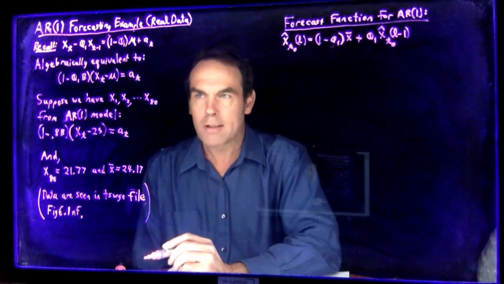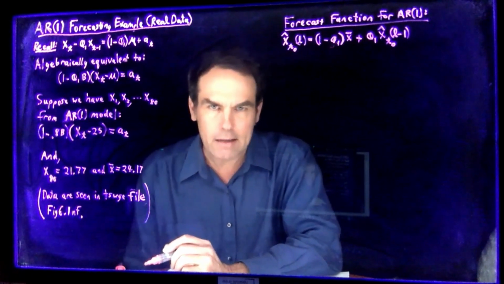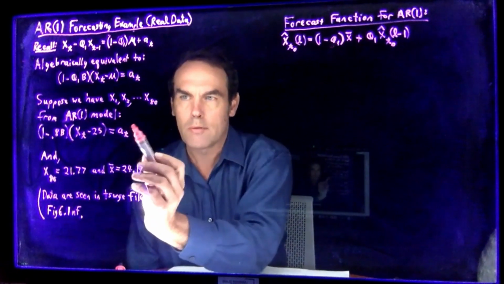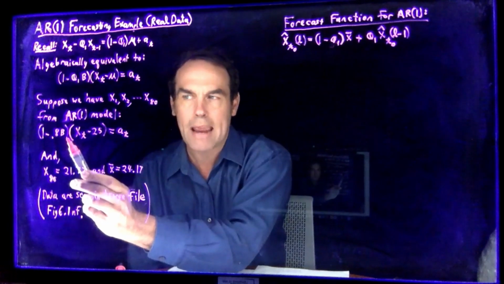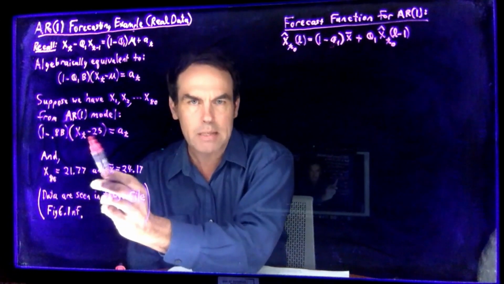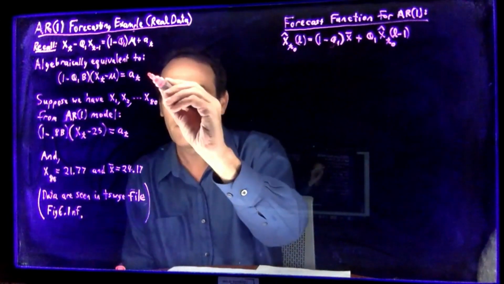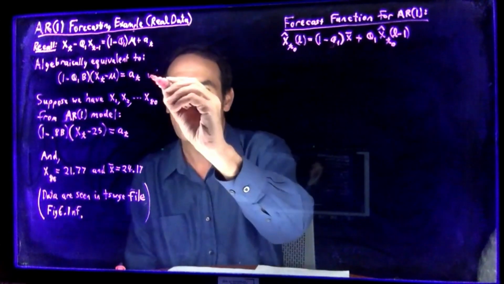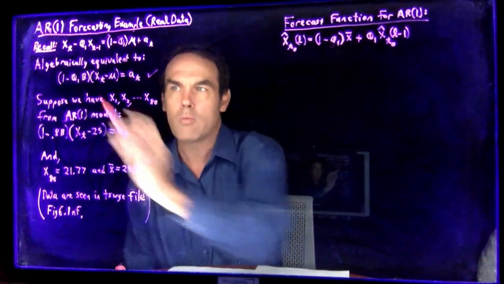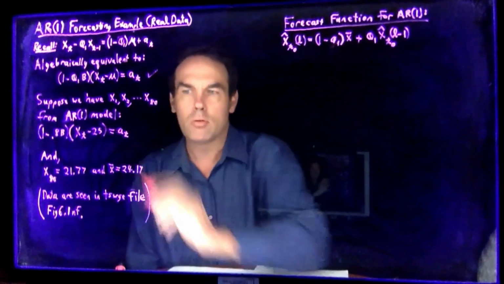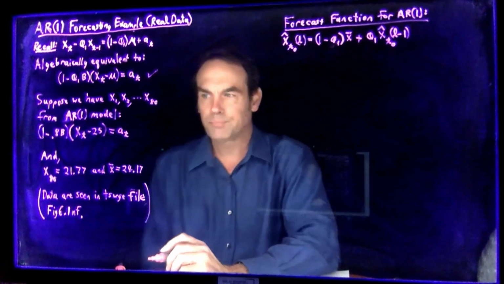Now, for our example, let's suppose that we have 80 data values that are generated from the AR1 model given by 1 minus 0.8B times x sub t minus 25 equals a sub t. So it looks like this form of the model. We can tell that phi1 must be 0.8 and that mu must be 25.